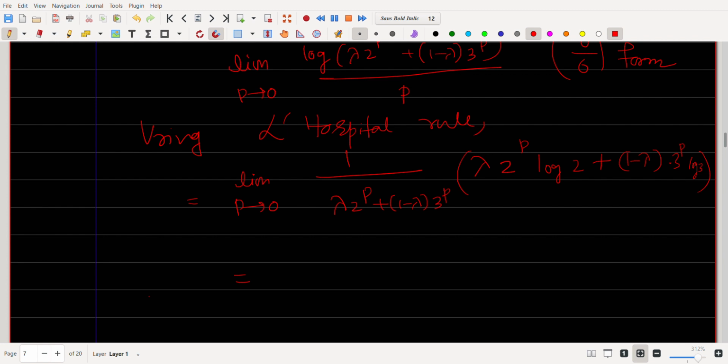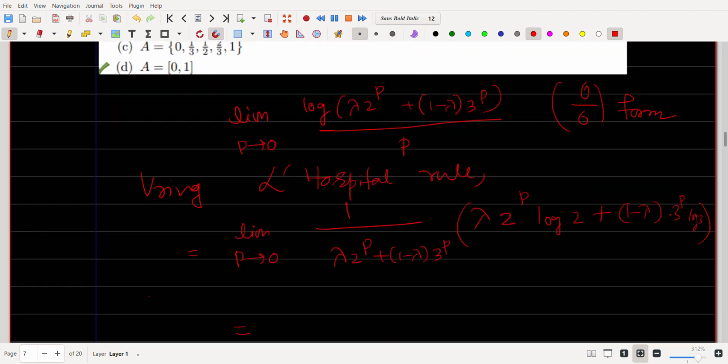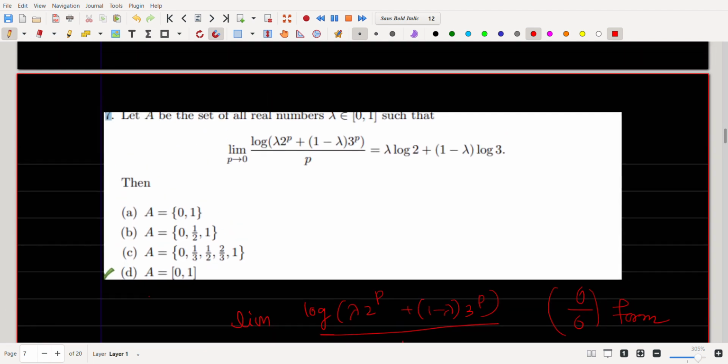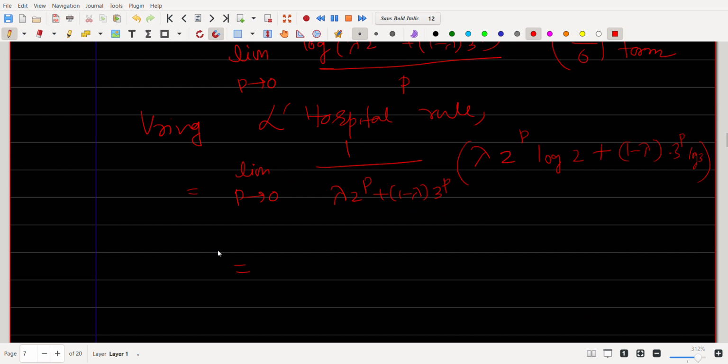This is just a calculation. So what I need to prove is lambda times log 2 and (1 - lambda) times log 3.